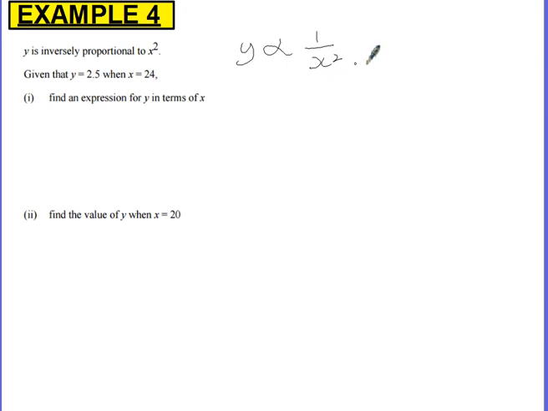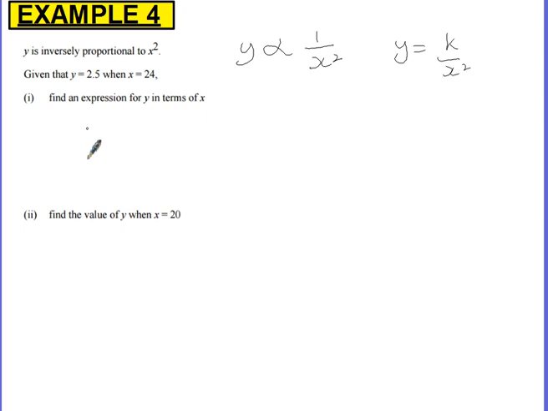As before, that simply means that we can write that as k times 1 over x squared, which we normally write k over x squared. Just by reading that statement, the inverse means that 1 over x squared is the bit that goes on the denominator, and we replace the proportion sign with the k like we did before. Again, we're given information purely so we can work out the value of k.